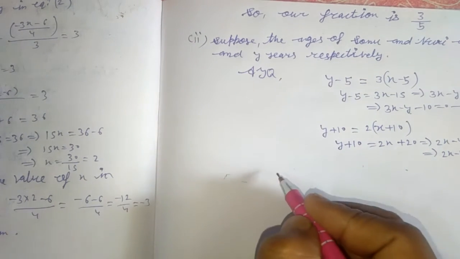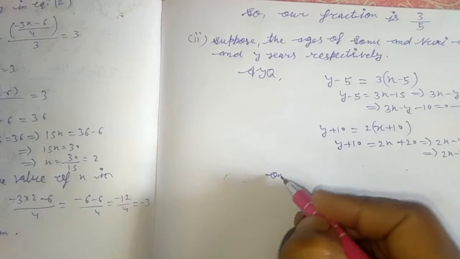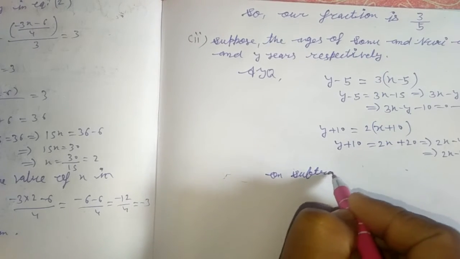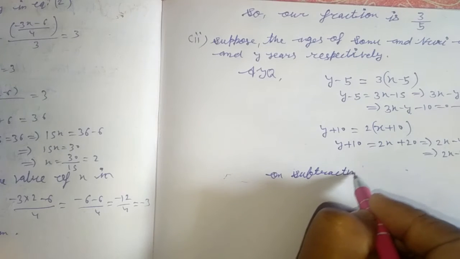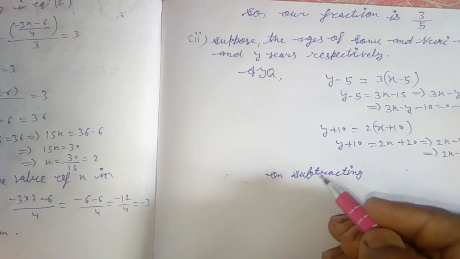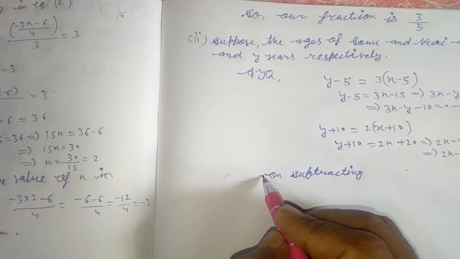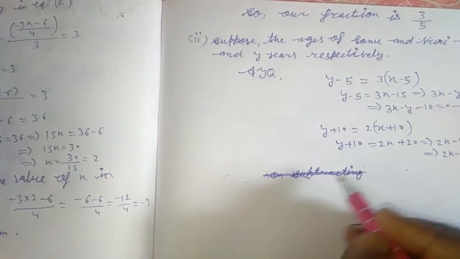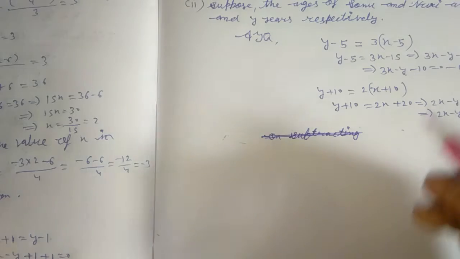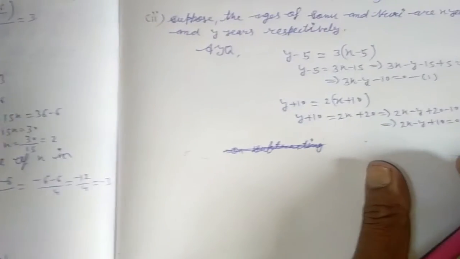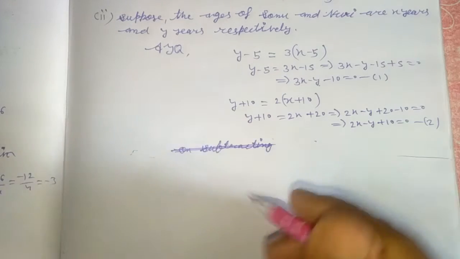So here we write on subtracting. One minute, there is a mistake. First we check out the ratios, okay, whether the solution exists or not.